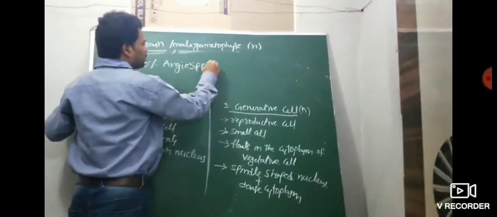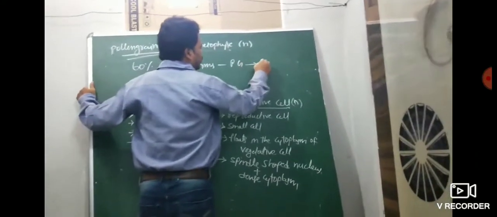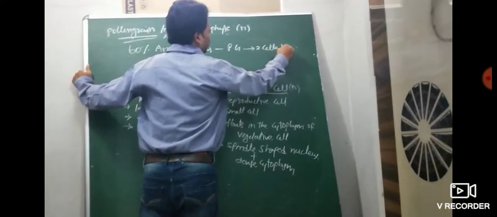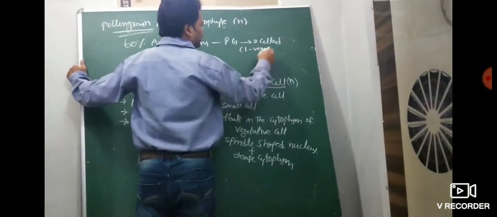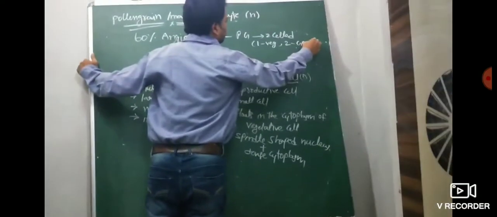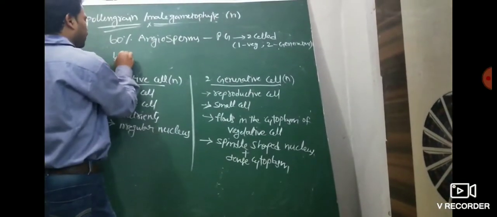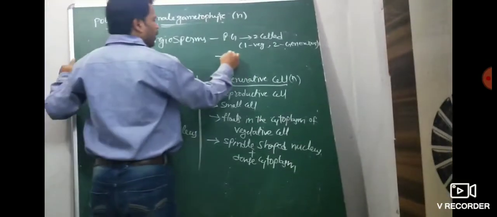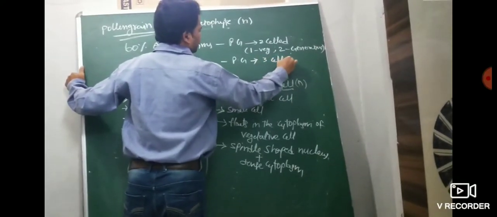In 60% of angiosperms, the pollen grain is shed at a two-celled stage. One is a vegetative cell, the second one is a generative cell. But in the remaining 40% of angiosperms, the pollen grain is shed at a three-celled stage.